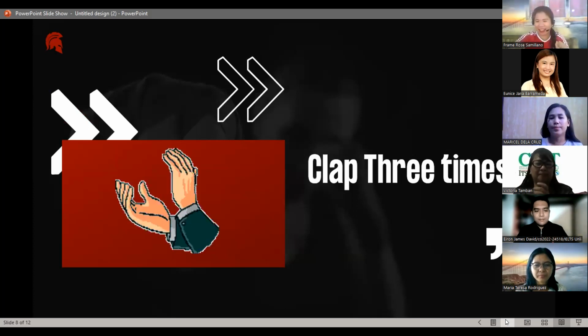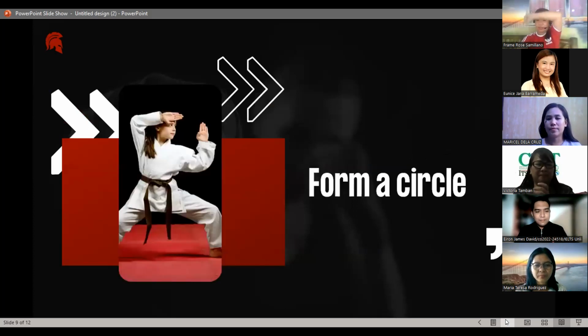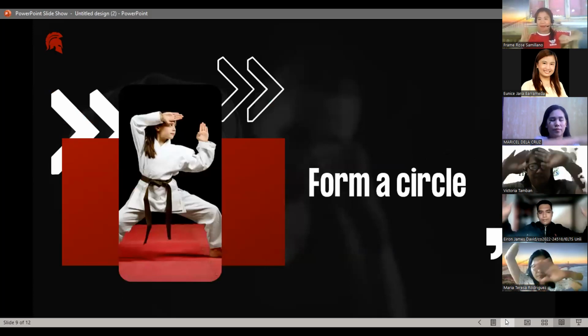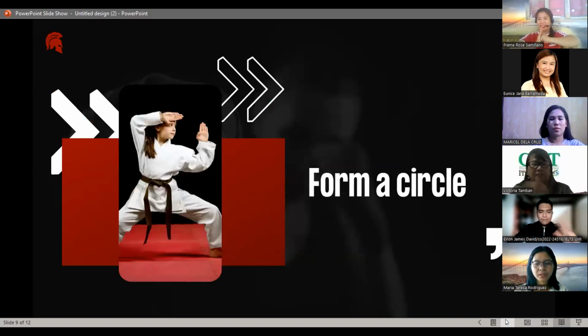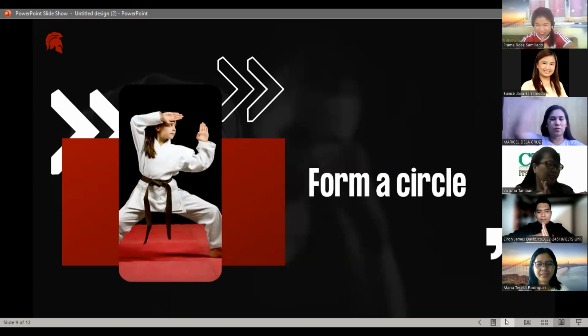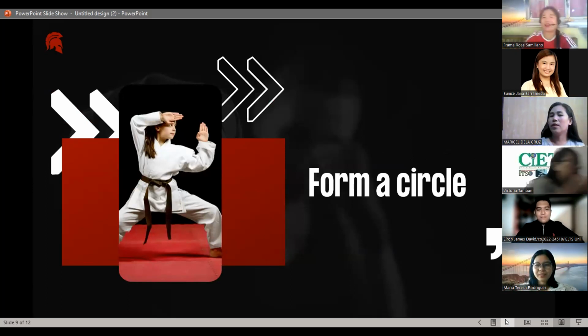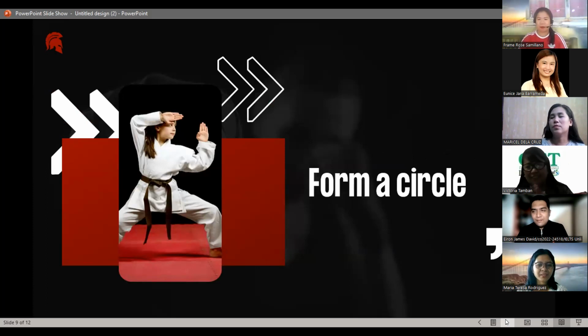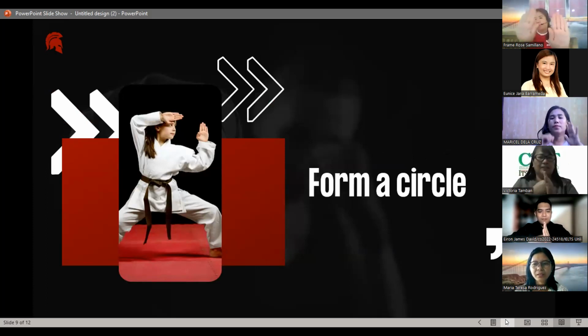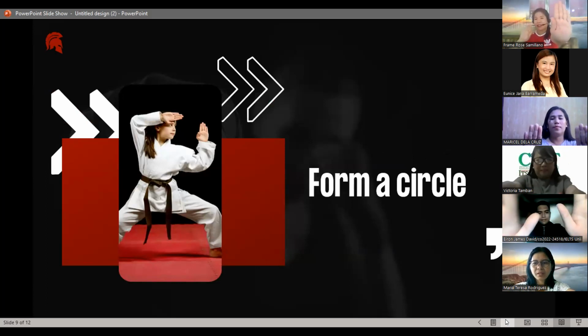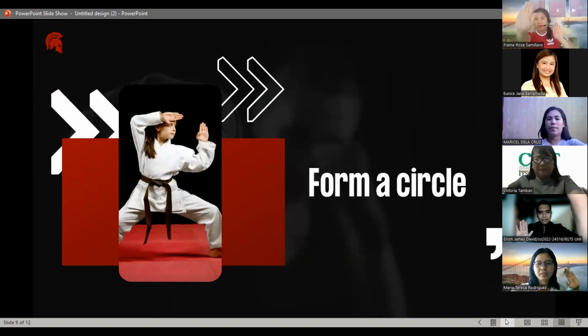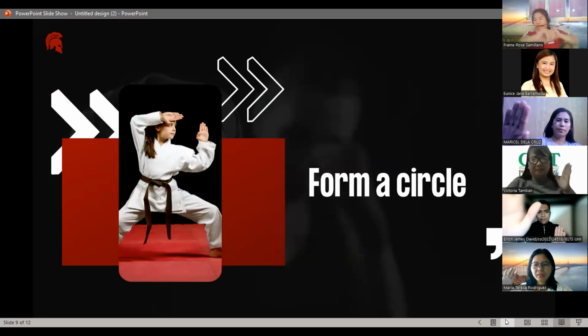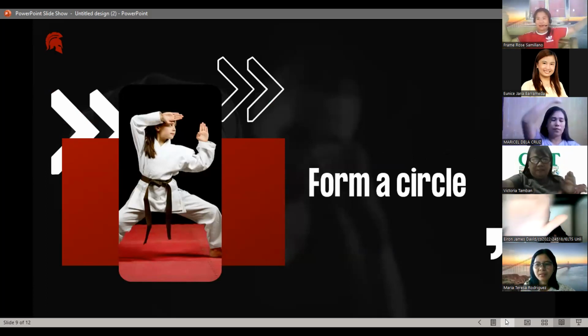Okay, and then circle again, form a circle. And then back to the first step. Huh. And then bow. Okay, so ulitin po natin from the first step. Ready, go. Huh. Then push forward. Left hand. Then right again. Then form a circle. First step. Huh.